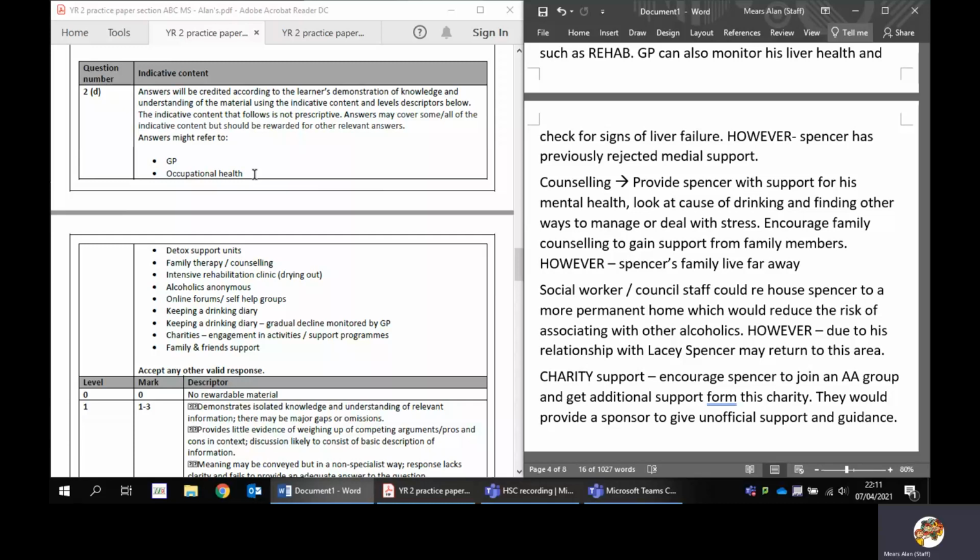Detox support units, intensive rehabilitation, family therapies, online forums we didn't touch on. Charities, we've kind of got charities with AA, friends and family. So again, as always, as long as you've made a point, you've explained the role, the purpose, how it's helping, that's the main thing here. And there we have it. That's our first 2 questions covered.